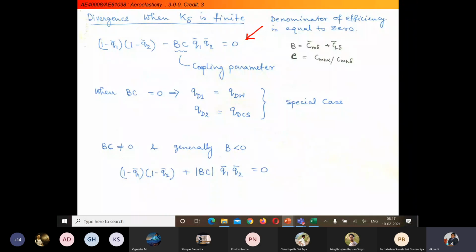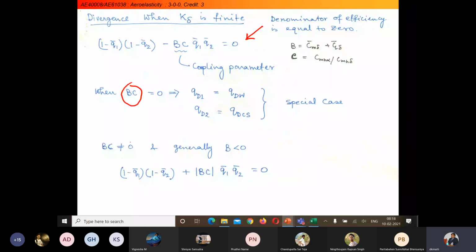Suppose we have the condition BC equal to 0, where B is Cm delta bar plus Cl delta bar, and C is Cm alpha divided by Cm delta. If the product of these two values is 0, then QD1 is QD wing and QD2 is QD control surface. This is the special case when BC equal to 0, but usually we will not get BC equal to 0.